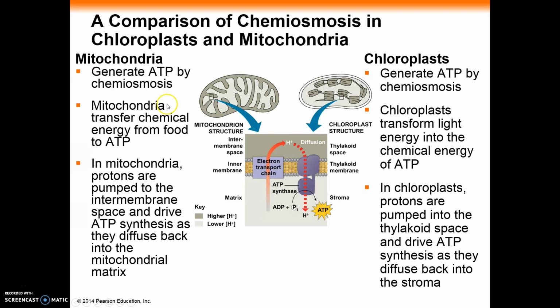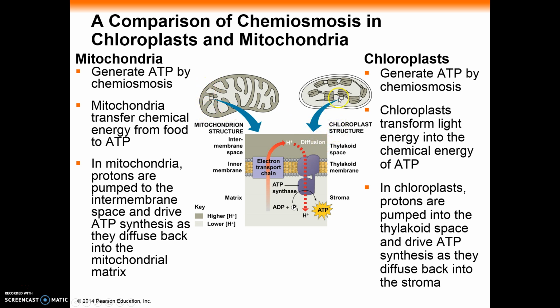All right, so again, coming back to this comparison of mitochondria to chloroplasts, we essentially have energized electrons going into an electron transport system, which pump protons. That produces a proton gradient, which then runs back through ATP synthase, and it produces ATP. In the mitochondria, we pump those protons into this inner membrane space.